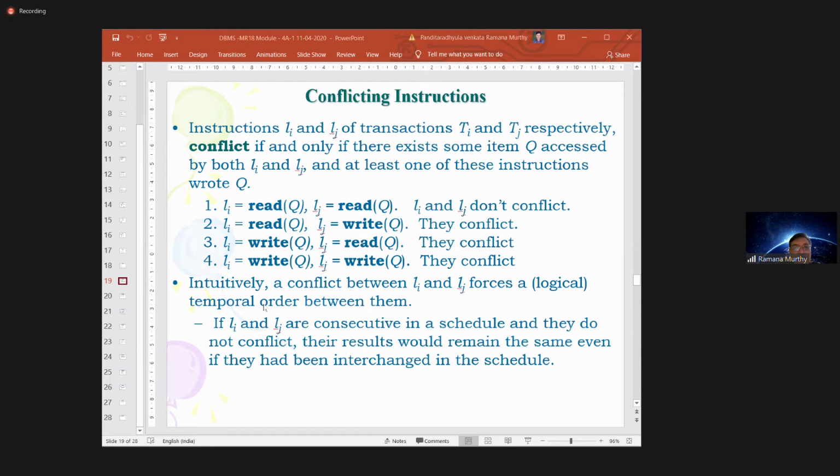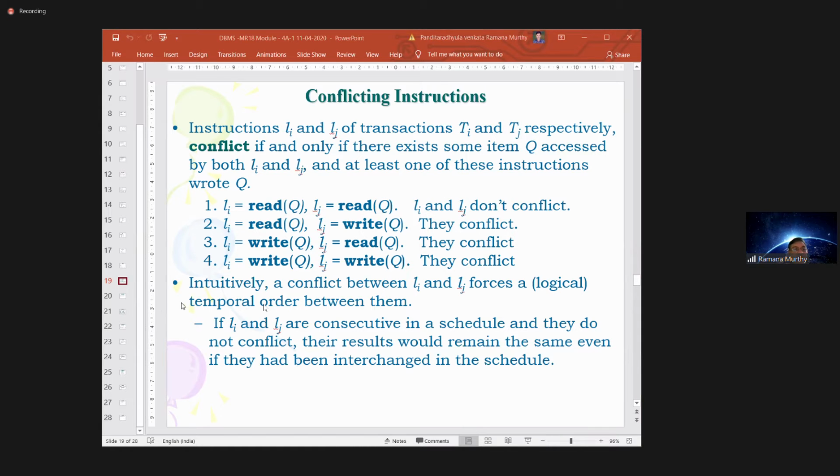The value is already modified even before reading by TJ, or TI has a modified value by itself and TJ has another modified value by itself. Finally, you can't know what is the value of Q.